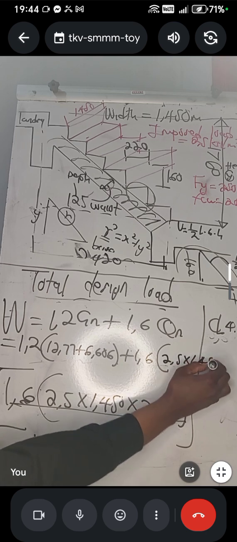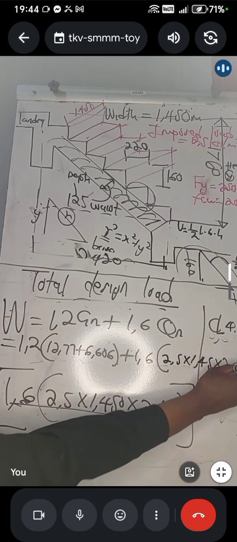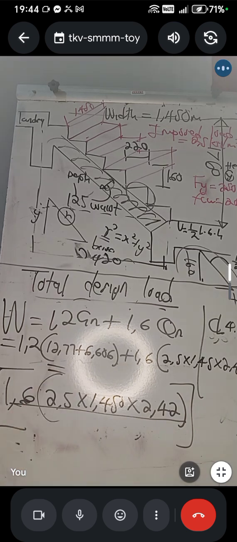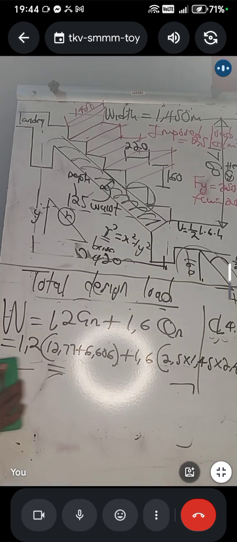I just want to show you this part because I know the other part you will follow, because this is the tricky part. This is the tricky part. The rest you will be able to do.